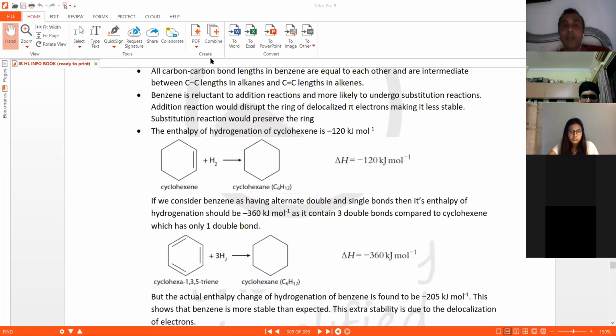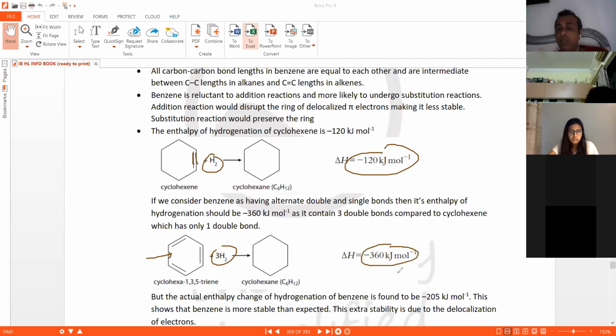If benzene had that alternate double single bond structure, then benzene would have three double bonds, so it would easily undergo the addition reaction, but it doesn't. It means there is no double bond. So it doesn't undergo hydrogenation easily. If hydrogenation as an addition reaction happens here, this is minus 120, and for three hydrogens, if this is the structure, it should be 360.